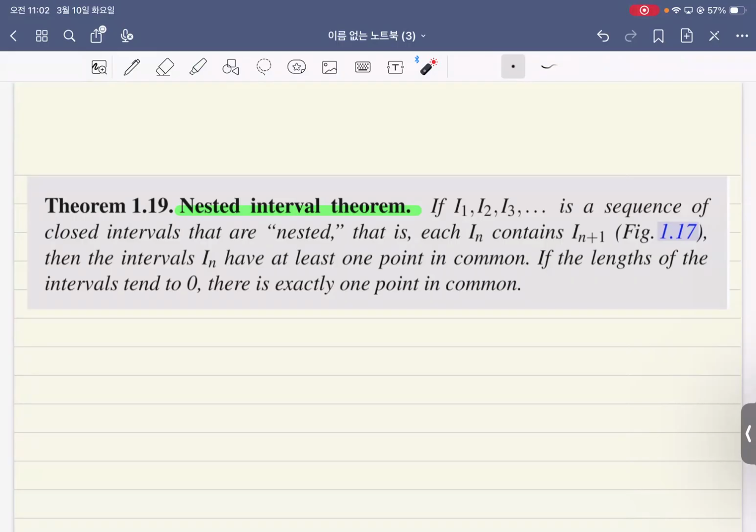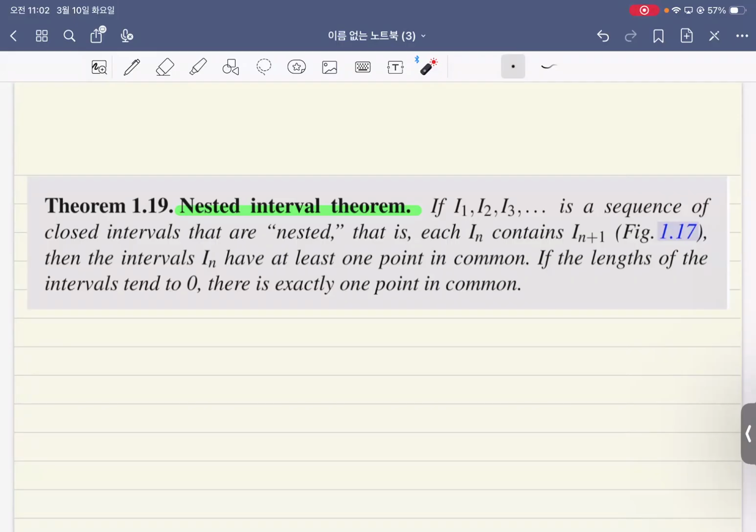Okay, so first, do you know the meaning of the closed interval? Closed interval typically means the interval that contains both endpoints, right? So all these intervals I1, I2, I3, In are closed intervals, and they are nested. That means In contains In plus 1.